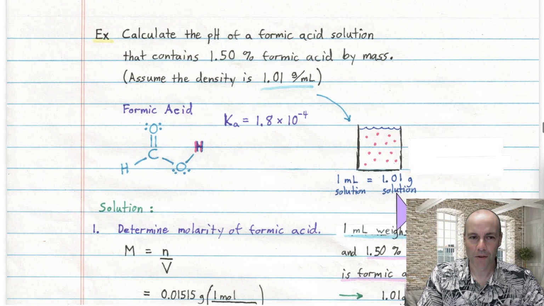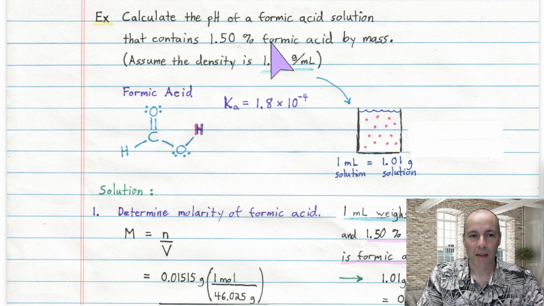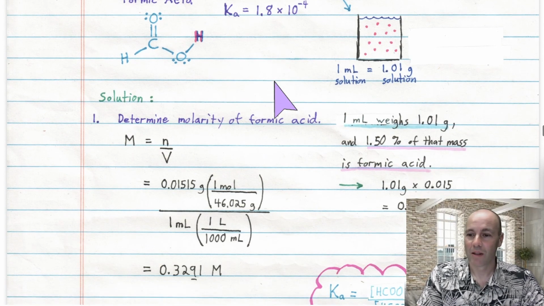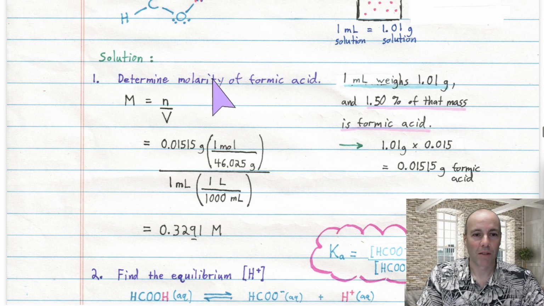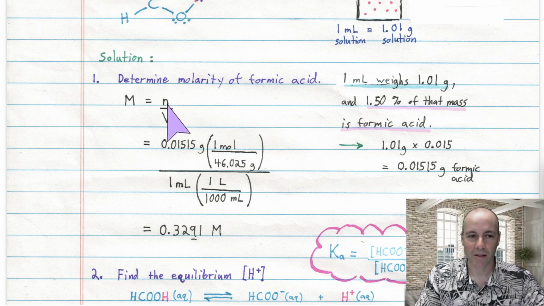So our first job is to take the information that it gives us and figure out what the concentration is in molarity. So let's determine the molarity of formic acid. Molarity is moles over liters, n over V. So we need to find the number of moles of formic acid and the number of liters of formic acid.